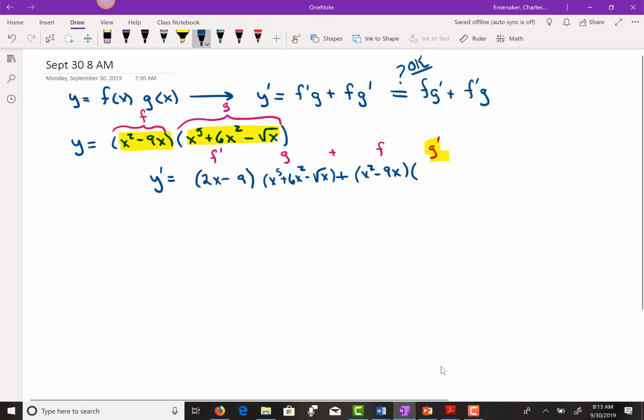Do you see we're going to get a 5x to the fourth plus 12x. Does that make sense to everybody? Minus, now remember, and you'll get the hang of this as well, square root of x is x to what power? 1/2. Most of you look to have your exponents in good working order.